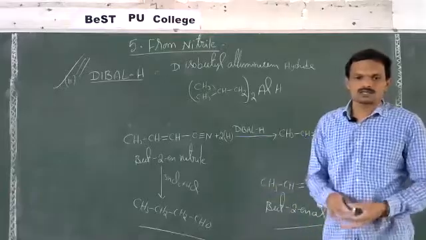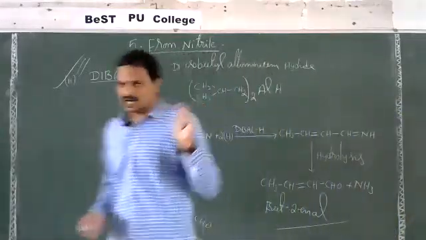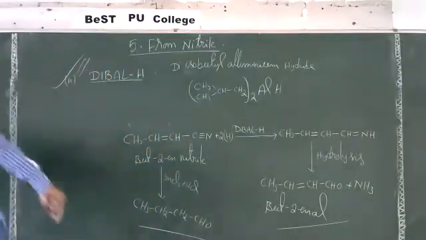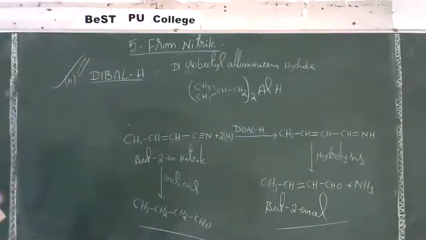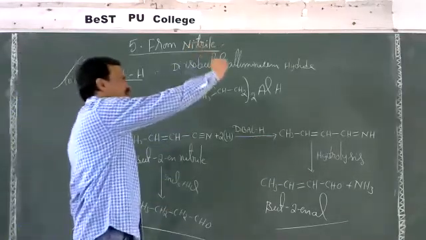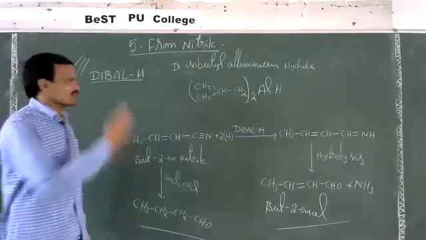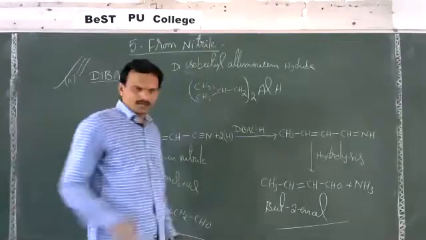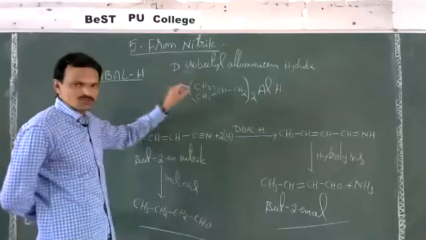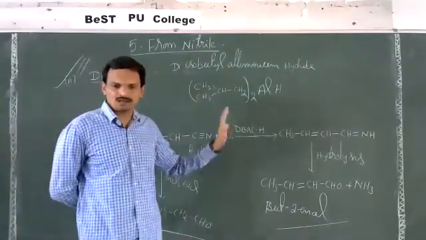So this is regarding the preparation of aldehydes from nitriles. Okay, right. Overall, the reduction of nitrile followed by hydrolysis gives aldehydes. First, reduction gives imine, and that imine on hydrolysis gives aldehyde. Dibal H can reduce the nitrile without affecting the unsaturation in the given compound.